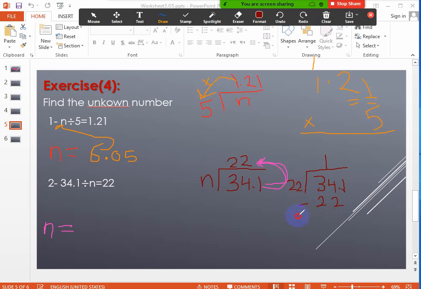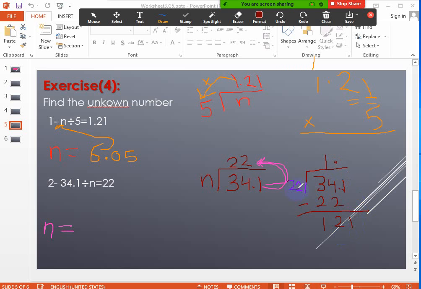Now I will subtract. 4 minus 2, 3 minus 2. What about the decimal point? Up. Very good. I will take it up. Now I will take the 1 down.